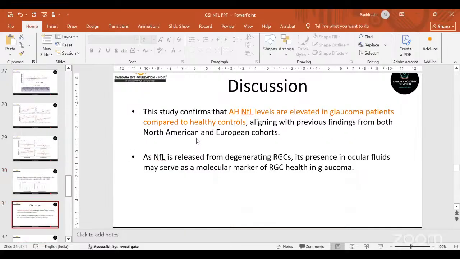Moving on to discussion. So this study confirms that aqueous humor NFL levels are elevated in glaucoma patients compared to healthy controls, aligning with their previous finding from both North American and European cohorts. As NFL is released from the degenerating retinal ganglion cells, its presence in ocular fluid may serve as a molecular marker for RGC health in glaucoma.